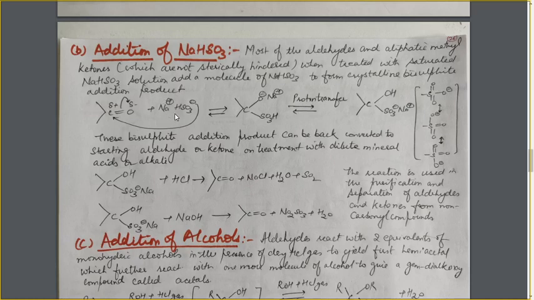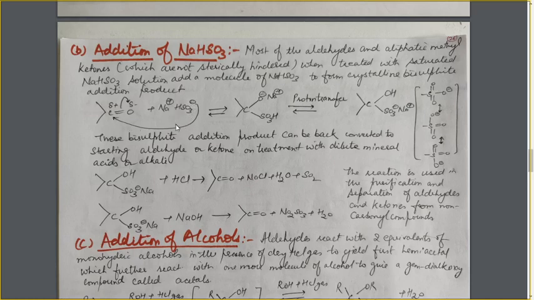Here, this is the C double bond O group from the aldehyde or ketone, and this is the sodium bisulfite having Na positive and HSO3 negative ion. Now this HSO3 negative ion acts as a nucleophile and it will attack the carbonyl carbon.